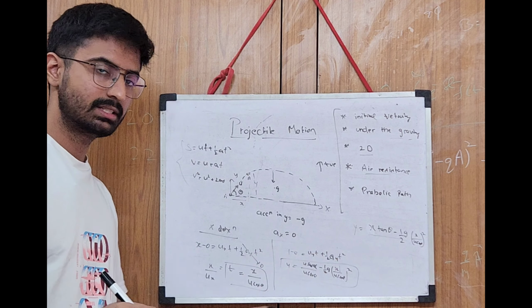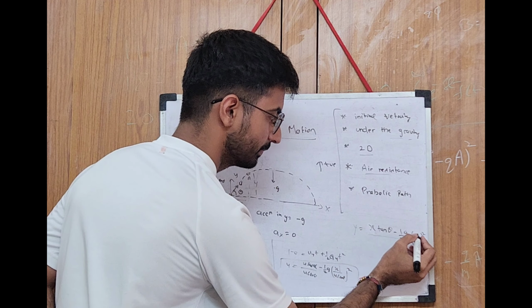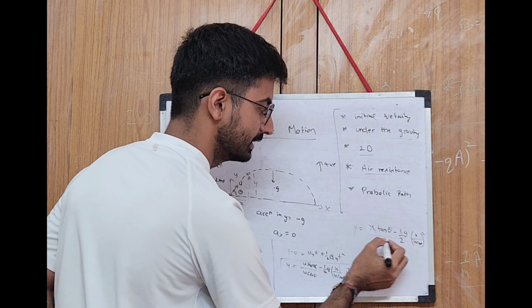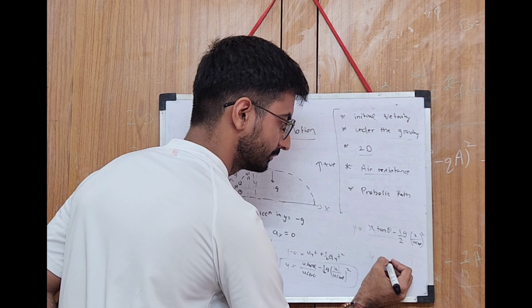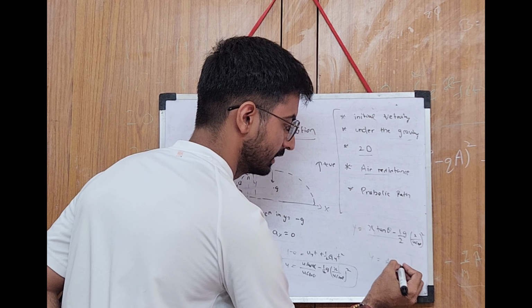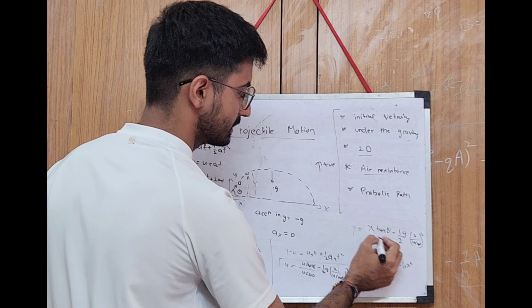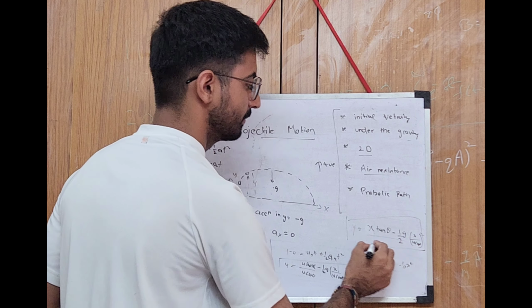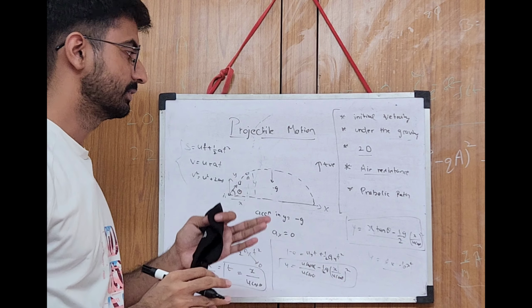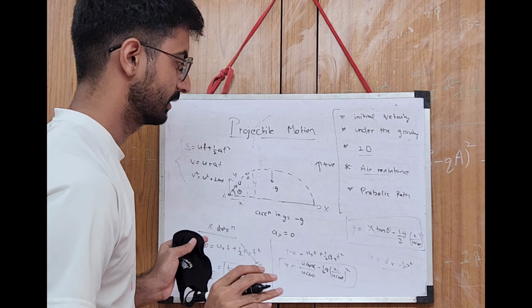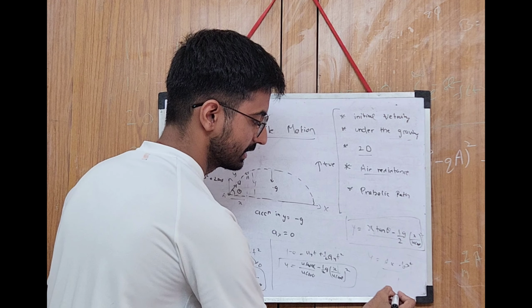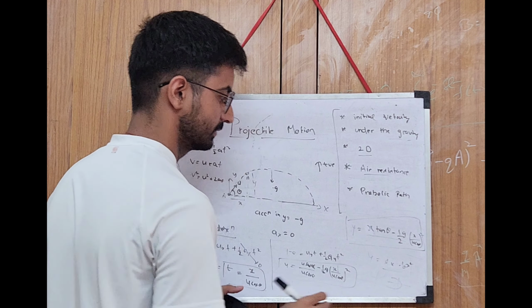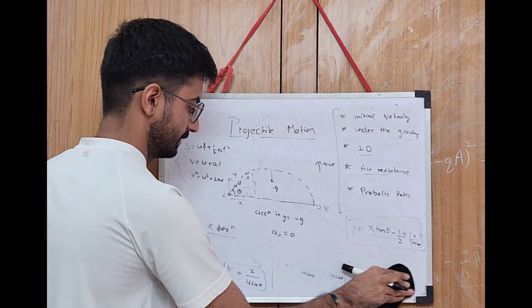So here you can see this relation, y equals something times x square, and this relation gives you the parabolic nature, because the basic form of a parabola is something like ax minus bx square. So this shows that the path of every projectile motion will be parabolic in nature. So you know, a basic parabola is like this. So this is parabolic in nature.